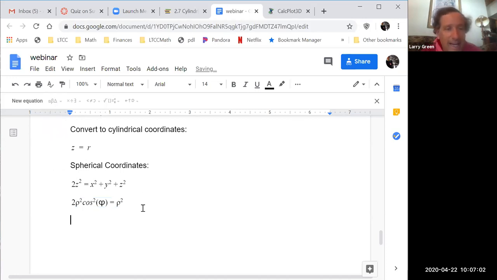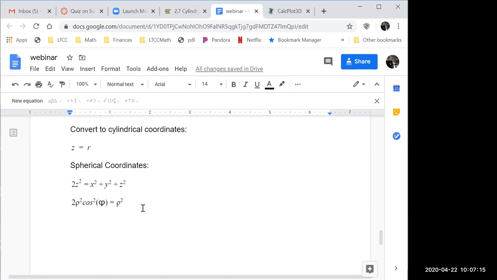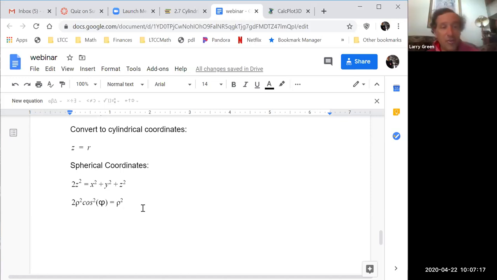And now you look at that, and what can we do to both sides? Divide by 2 rho squared, and we get cosine squared phi equals 1/2.